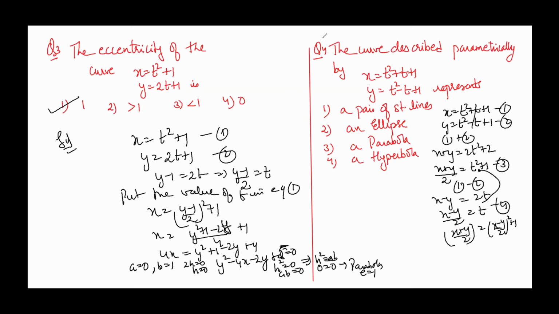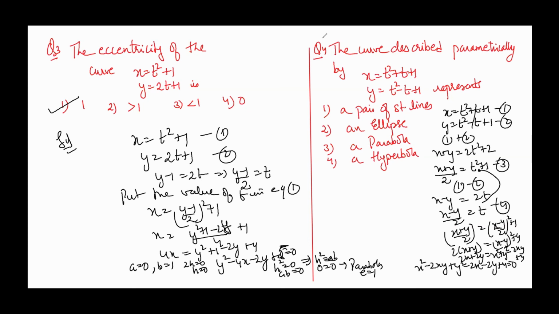And further, if I take LCM and this 4 comes here, I get 2x plus 2y, and here I get x minus y whole square plus 4. Further solving this, this comes out to be 2x plus 2y equals x square plus y square minus 2xy plus 4, and this comes out to be x square minus 2xy plus y square minus 2x minus 2y plus 4.